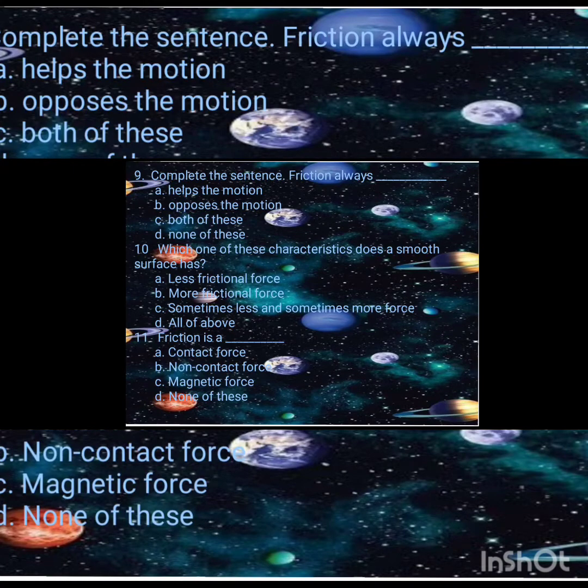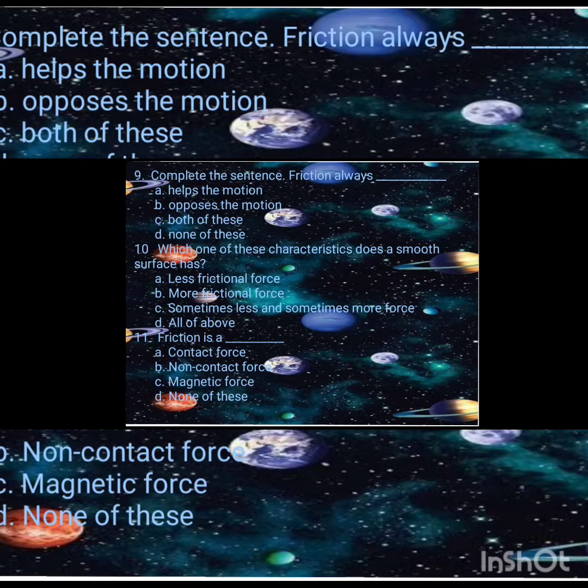Next question, which one of these characteristics does a smooth surface have? A. Less frictional force, B. More frictional force, C. Sometimes less, sometimes more, D. All of the above. So the correct answer is less frictional force.